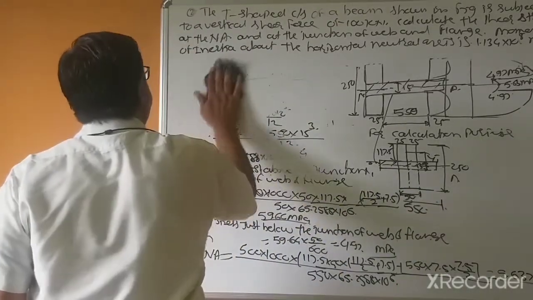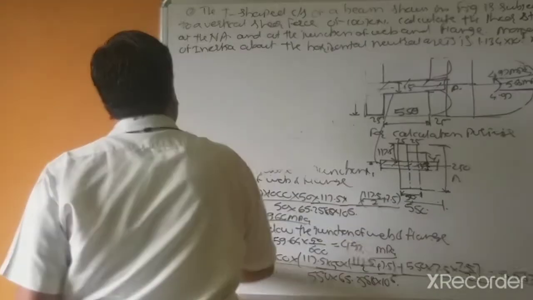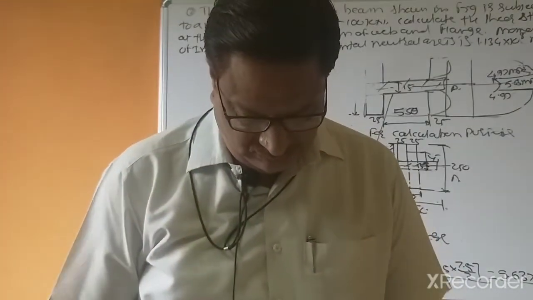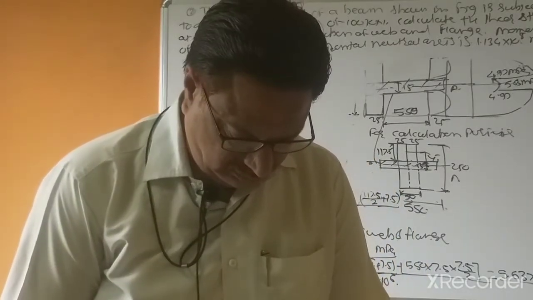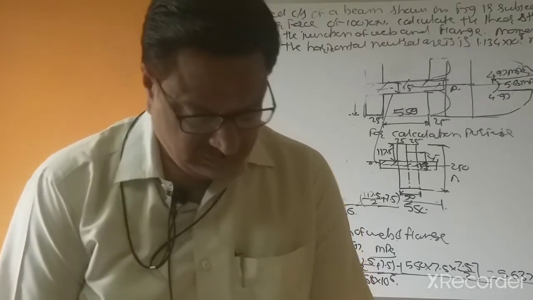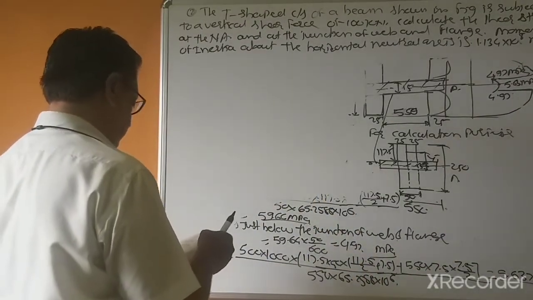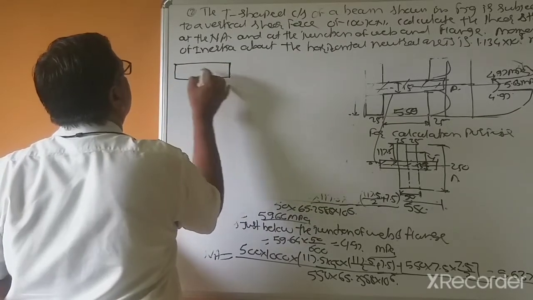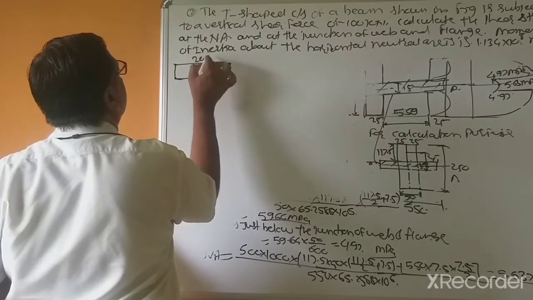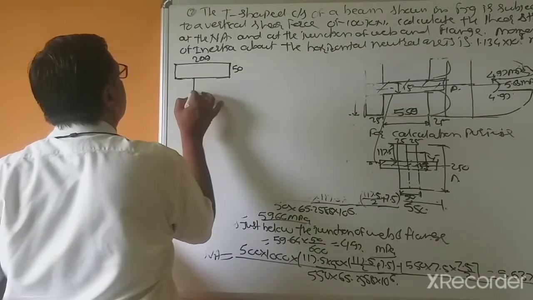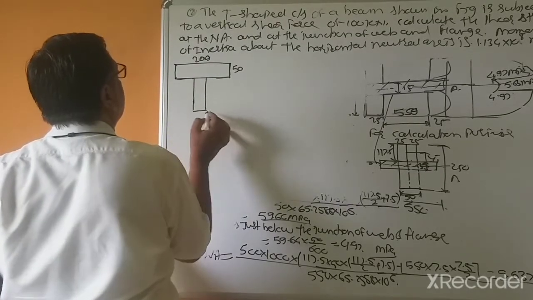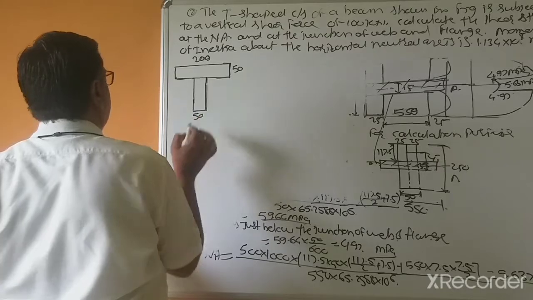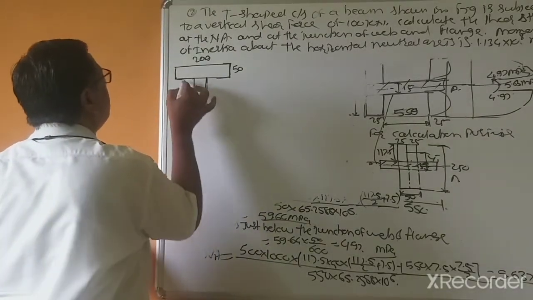So this is the T section. 200, 50, this is again 50 and this is 200.